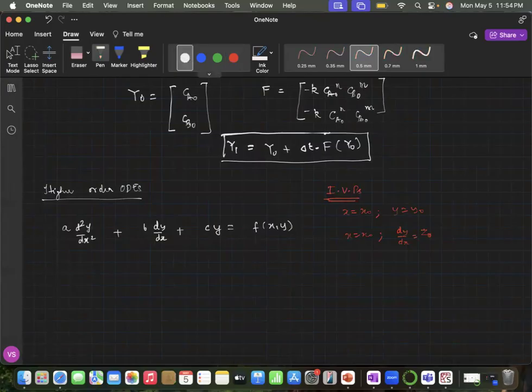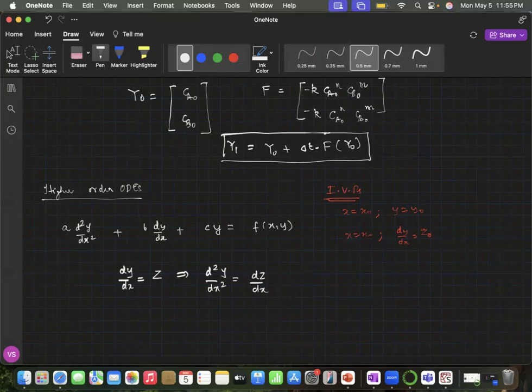A very simple way of solving initial value problems for higher order ordinary differential equations is by doing a very simple substitution. You substitute dy by dx as some z, and therefore the second derivative d second y over dx squared becomes dz over dx.